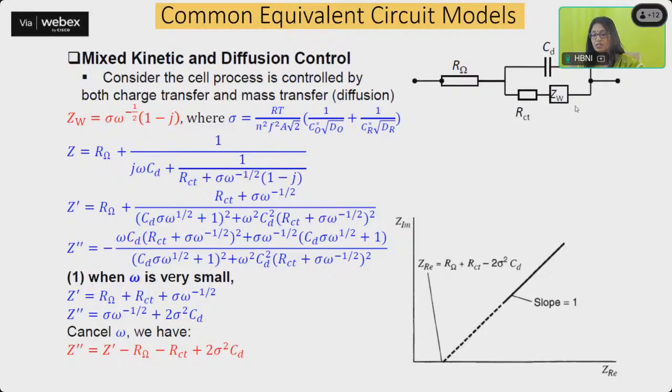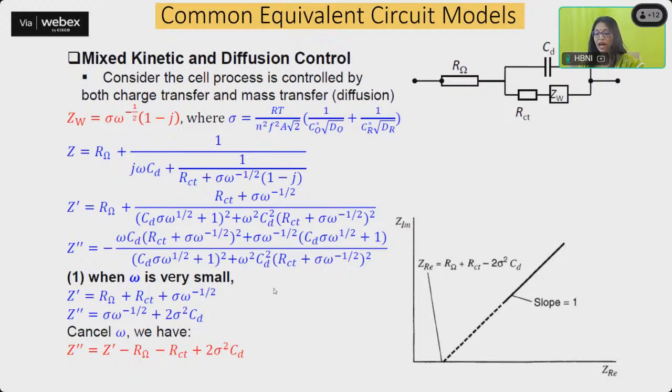This is the charge transfer, and then you have this Warburg impedance coming into the picture, and this Warburg impedance, please understand, is dependent on the frequency. So now if you have an omega value which is very small, in that case what you see is a line. This particular thing is going to form Z double prime equal to Z prime minus R omega minus RCT, and you have this entire value.